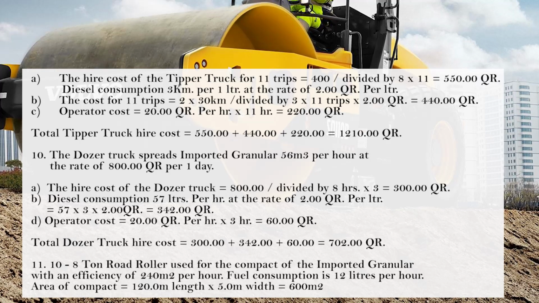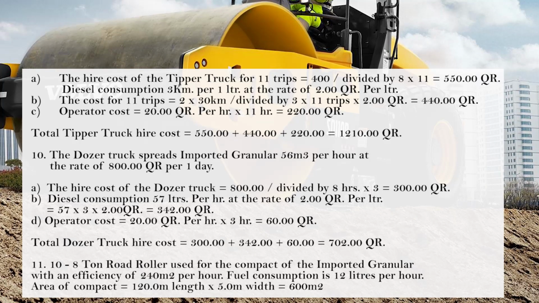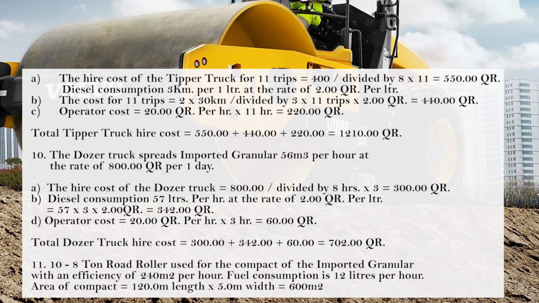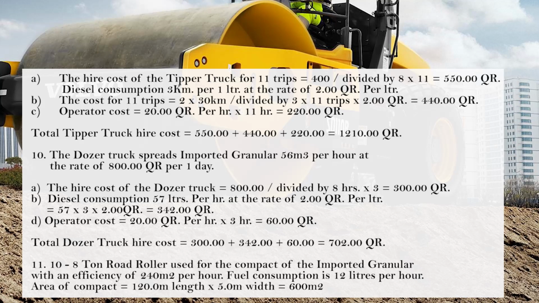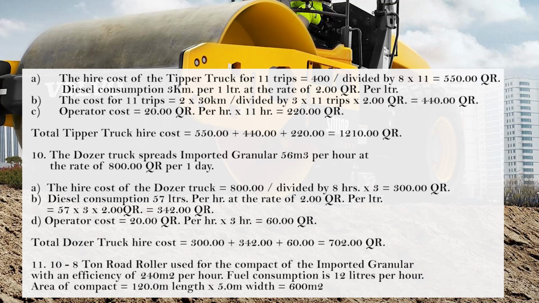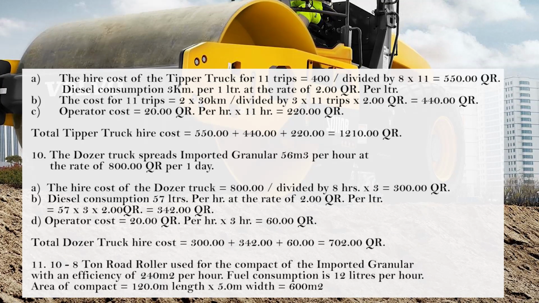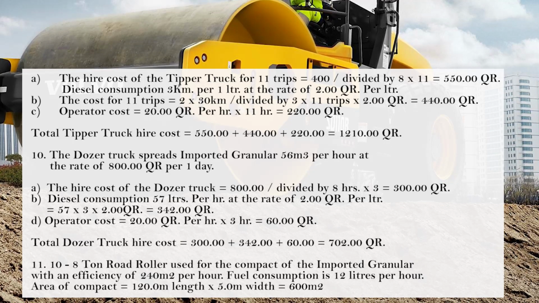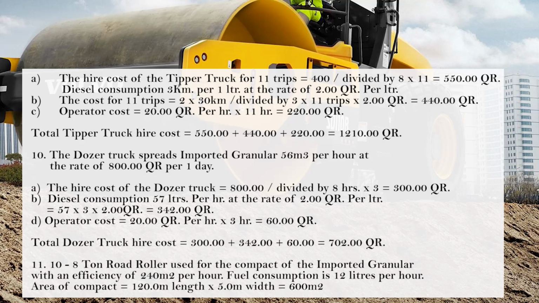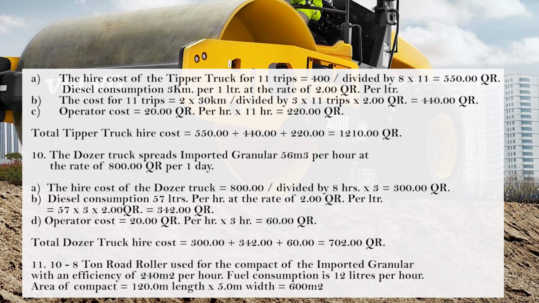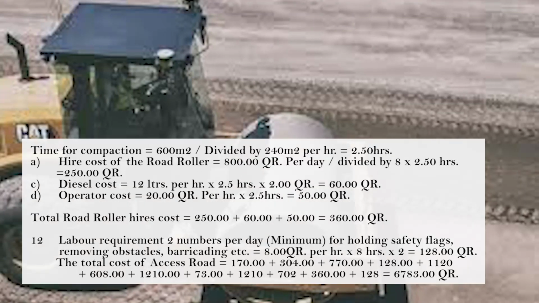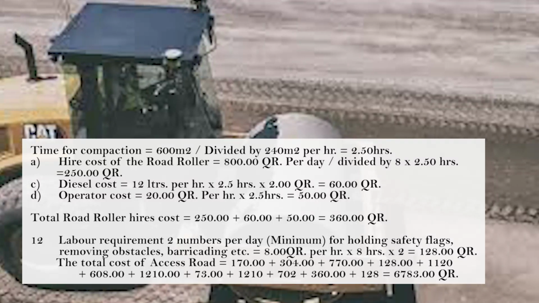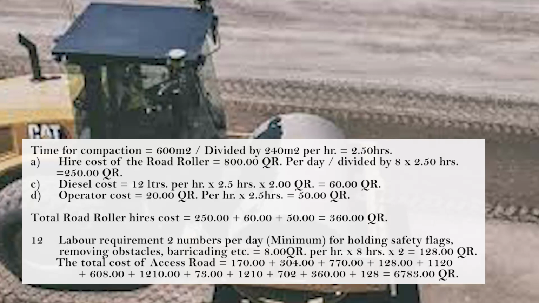11. 8 to 10 ton road roller used for compaction of the imported granular with an efficiency of 240 meters square per hour. Fuel consumption is 12 liters per hour. Area of compaction equals 120 meter length into 5 meter width equals 600 meters square. Time for compaction equals 600 meters square divided by 240 meters square per hour equals 2.5 hours.